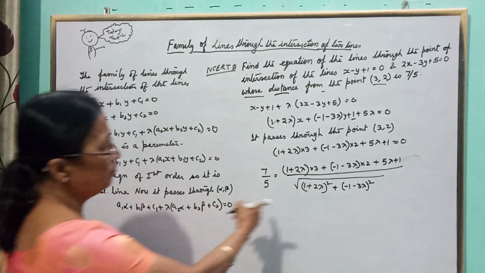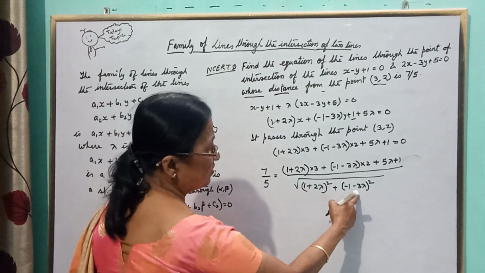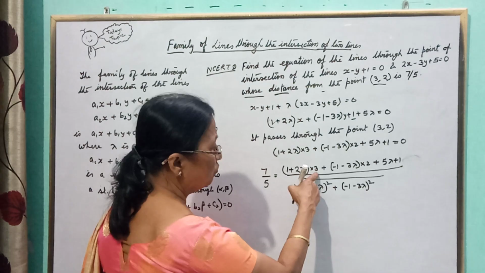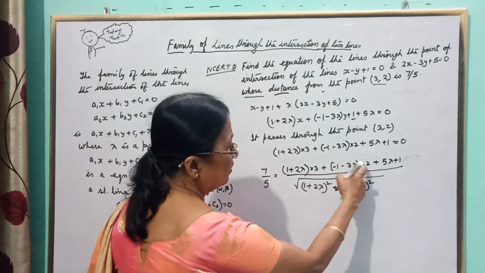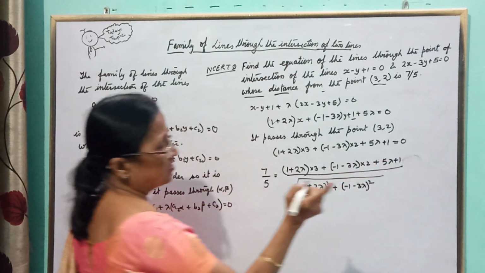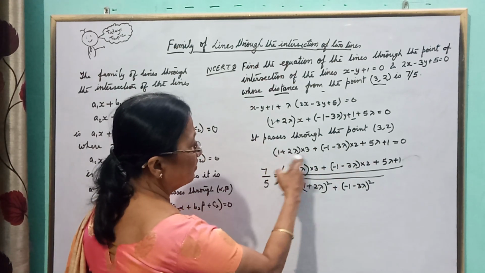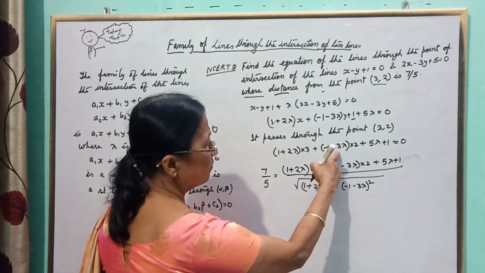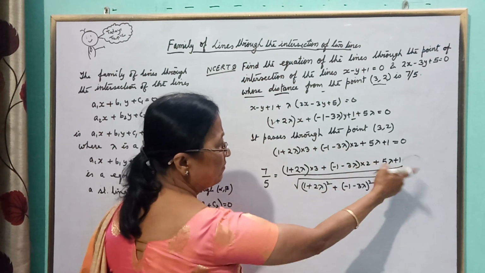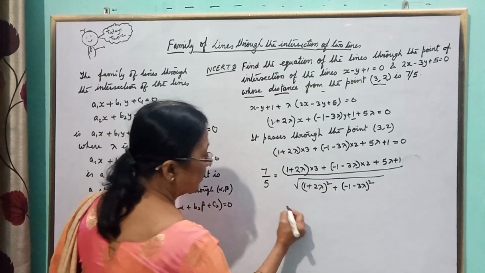This is the formula: under the root, x square plus y square coefficients, and in the numerator the coefficient of x into x1, the coefficient of y into y1, plus the constant, 5 lambda plus 1.